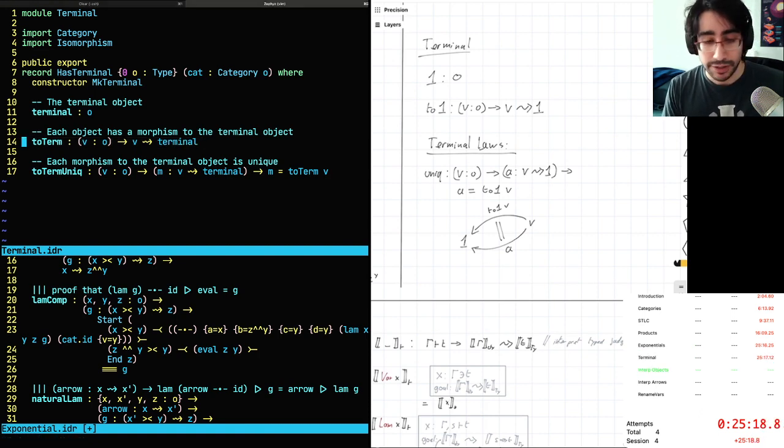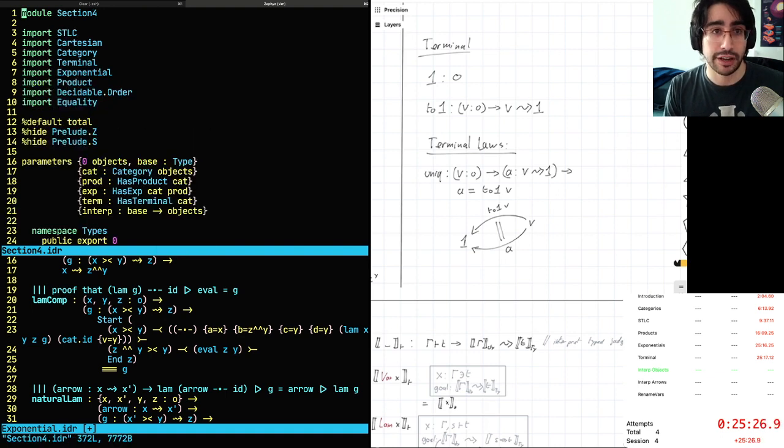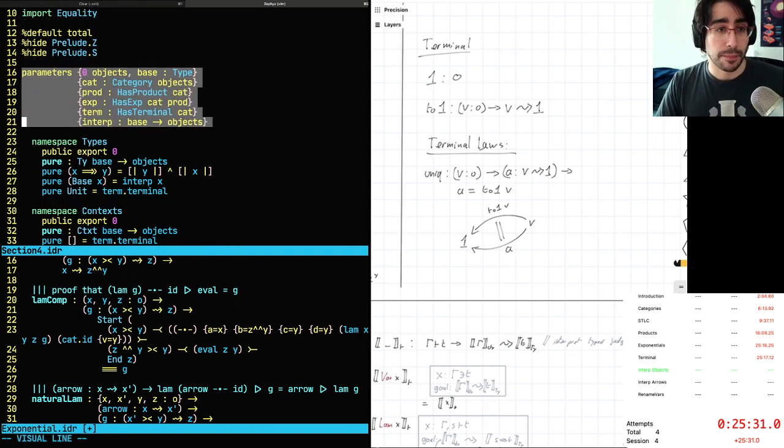Fantastic. So now we can go back into our definition of simply typed lambda calculus as a category. So what this is saying in the next part, I will have access to a category with products, with exponentials, and with a terminal object.